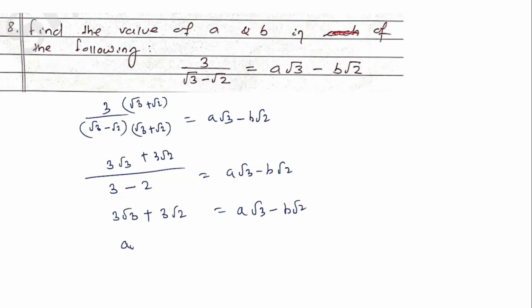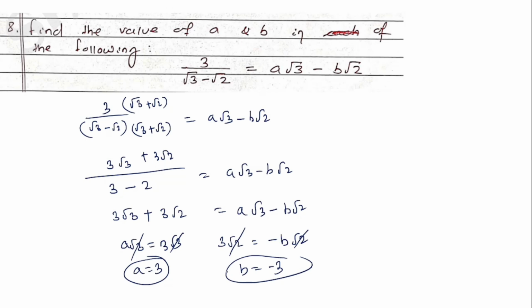Then we can write 3 root 3 plus 3 root 2 equal to a root 3 minus b root 2. Now we can write a root 3 equal to 3 root 3. So root 3 cancel, a equal to 3. Similarly, 3 root 2 equal to minus b root 2. Root 2 cancel, b equal to minus 3. Okay.